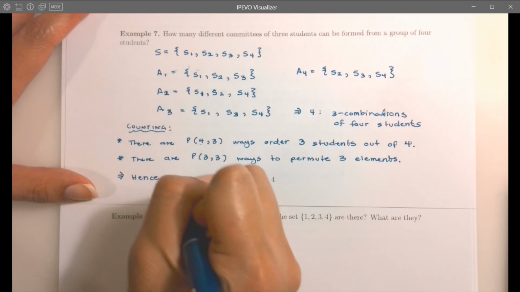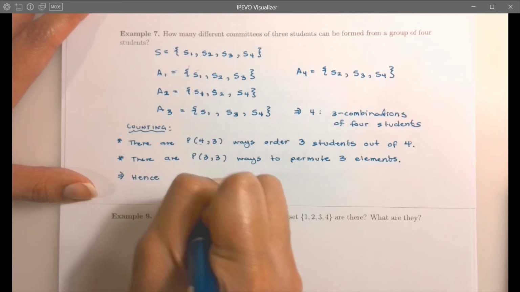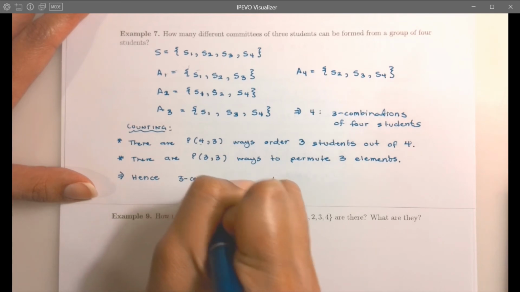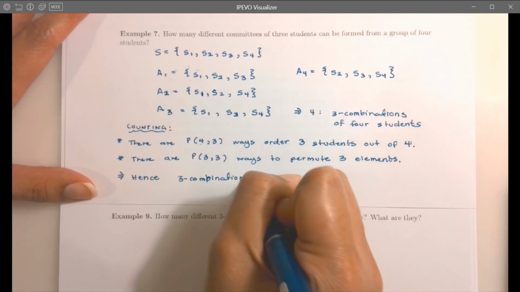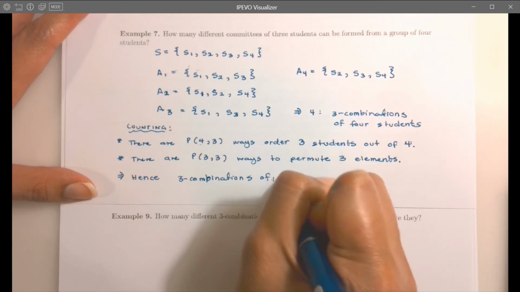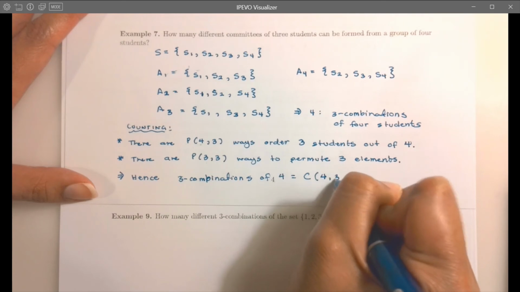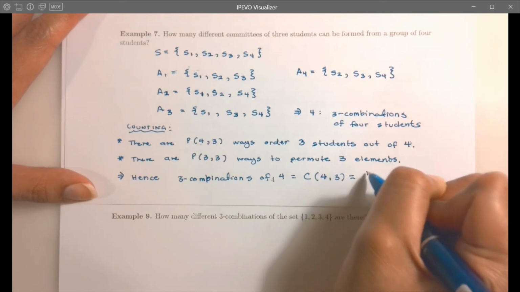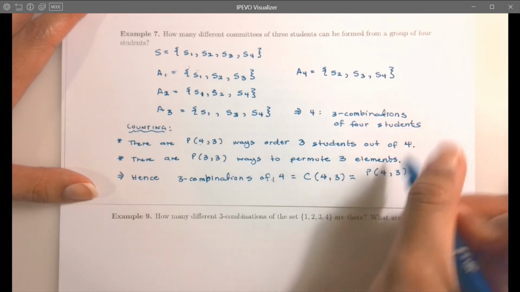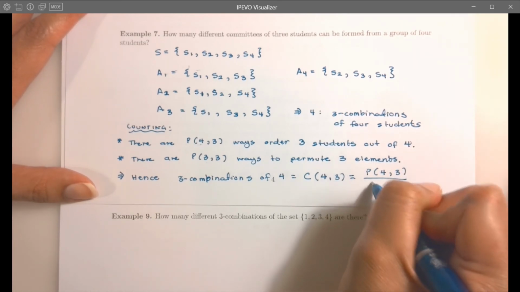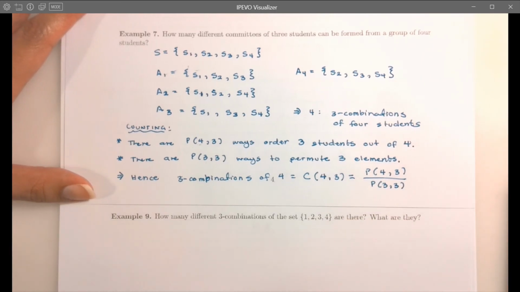So hence, the 3 combinations of 4, which I'm going to write as C(4,3), is going to be the number of 3 permutations out of 4 divided by the number of 3 permutations out of 3.